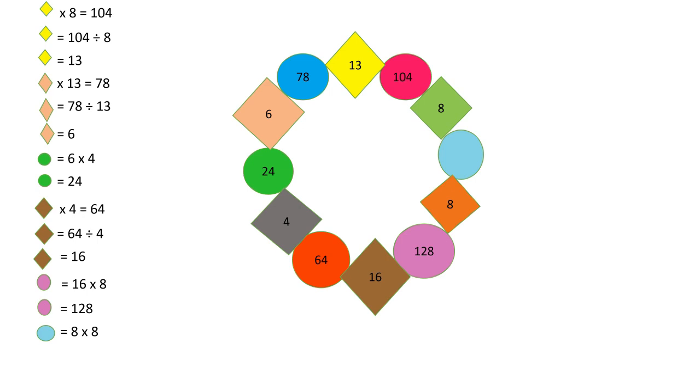When we multiply 8 into 8, we get the value of the light blue circle, that is 64. So in this manner we can complete our magic hexagon. Whatever boxes were empty, we can find out by observing and taking the idea of the rule which is followed in this hexagon.